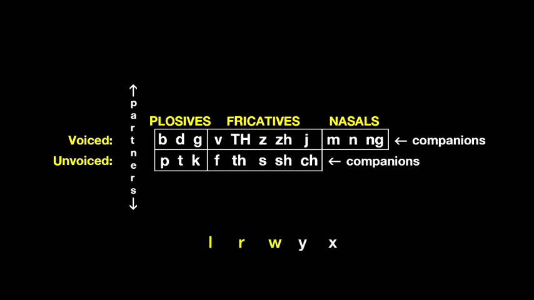What about W? What about Y? What about X? Are there any families there? Answer, not really. The R sound and the L sound are both called laterals, but really you don't substitute one for the other.